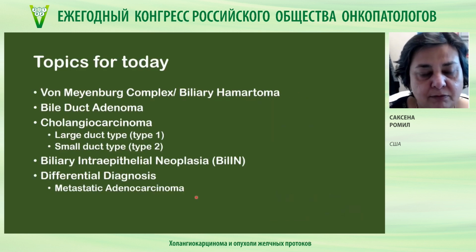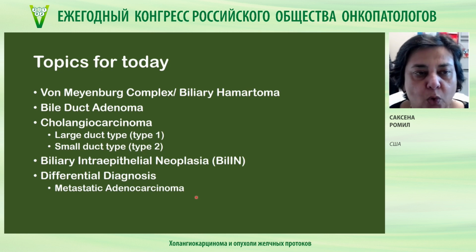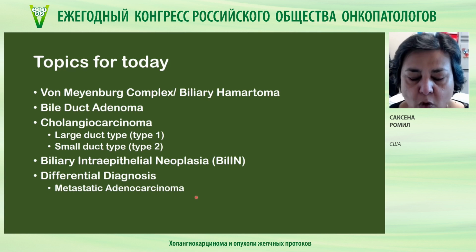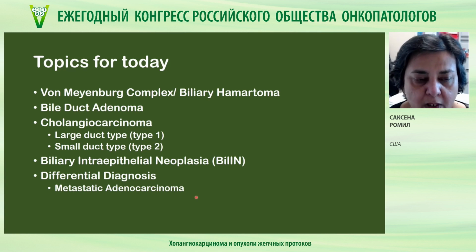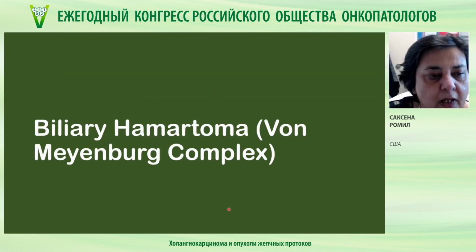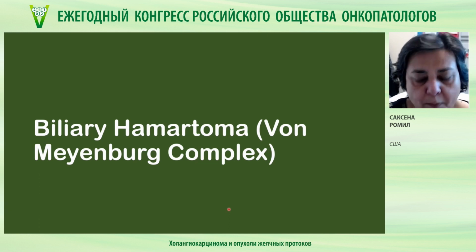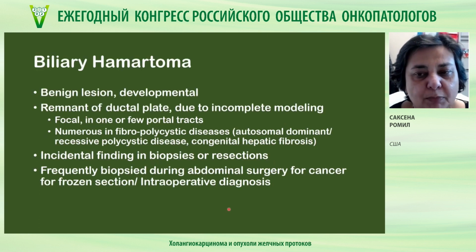And the topics that I will be covering today include the von Meinberg complex or biliary hamartoma, bile duct adenoma, cholangiocarcinoma, the large duct type and the small duct type or types 1 and 2, biliary intraepithelial neoplasia, and also discuss the differential diagnosis of cholangiocarcinoma, which is basically metastatic adenocarcinoma.